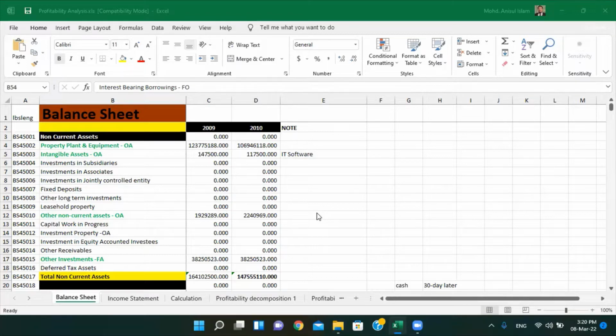But when we are making a decomposition using the reformulated financial statements, it is a broader concept. Compared to DuPont analysis, this kind of spread analysis is more comprehensive, more detailed, and more holistic. This balance sheet and this income statement are of the company BD Lamps, which is known as Bangladesh Lamps Company.